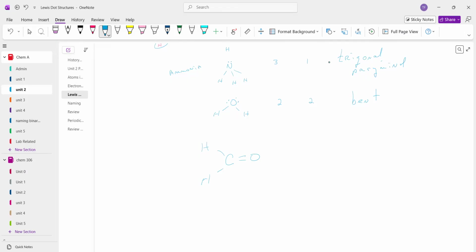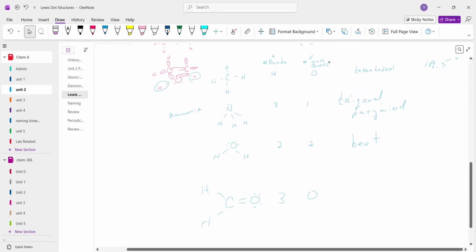Now this is tricky because VSEPR theory requires single, double, and triple bonds to be counted as 1. Think of it as a group of electrons. So how many groups of electrons do we have there? 3. Double bond, 2 singles. So we've got 3 and 0. Now notice the pairs on the oxygen don't count.